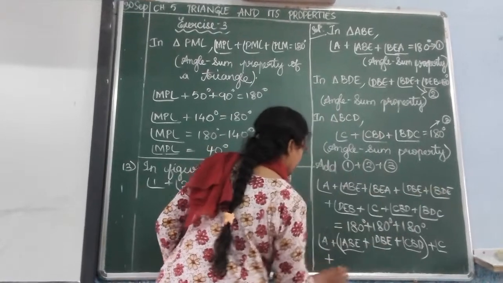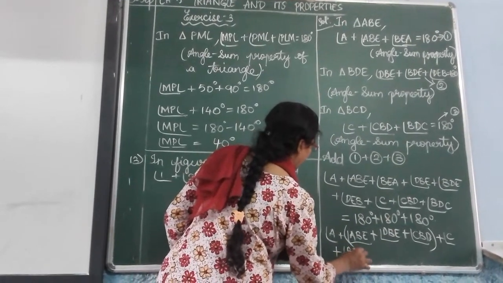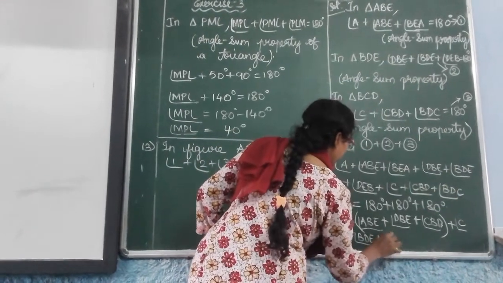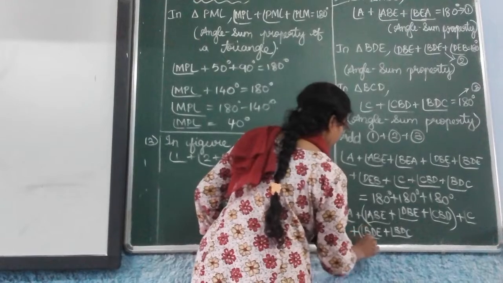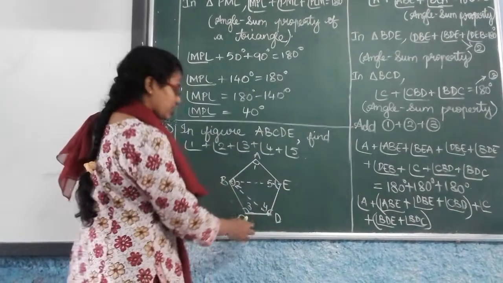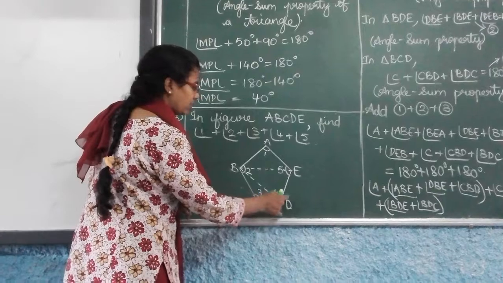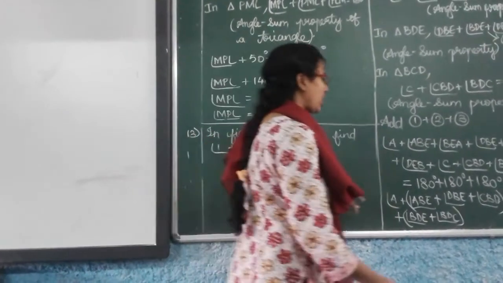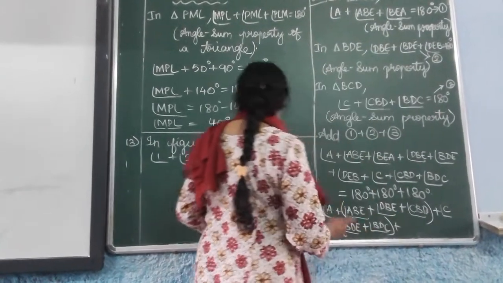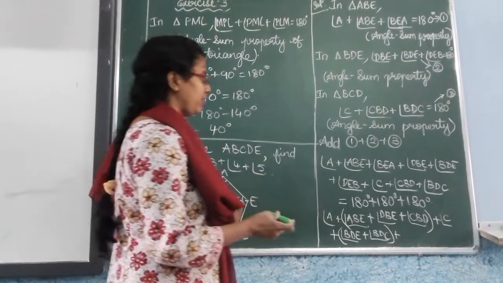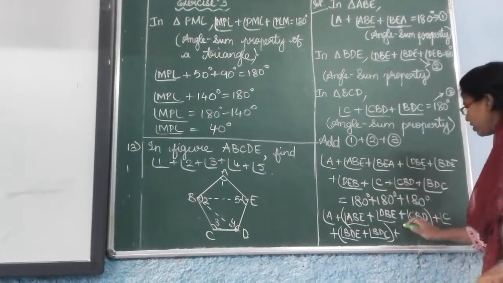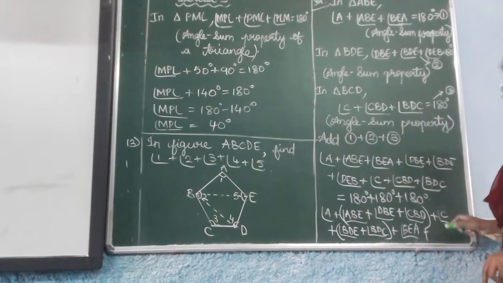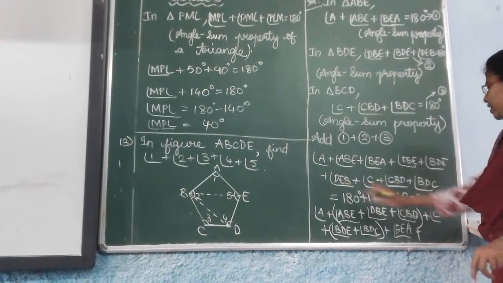Now let us see angle D, how it is divided, those terms we are going to write. Here we can see BDE plus BDC. This is angle D. Now let us see for angle E. For angle E, we are left with two terms, that is angle BEA plus DEB.